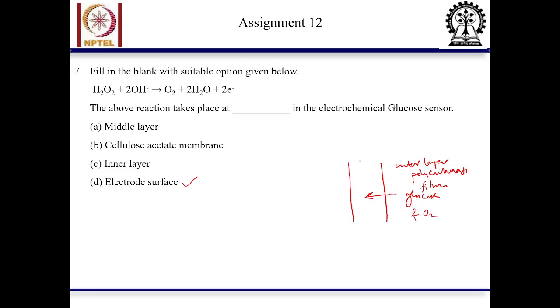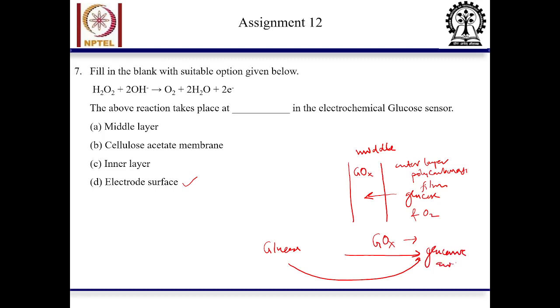In the middle layer, we have your enzyme which is called glucose oxidase. What will glucose oxidase do? This glucose oxidase will convert your glucose to gluconic acid and oxygen to H2O2.